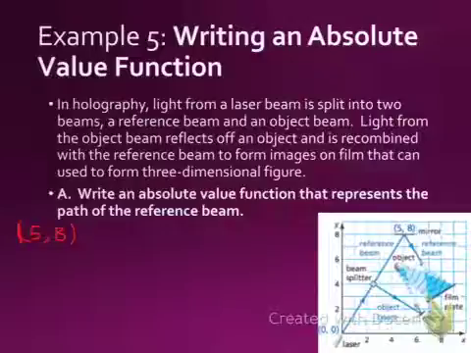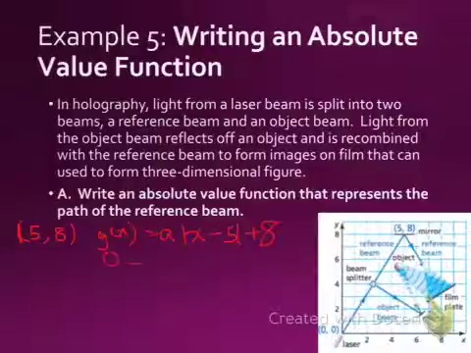So the function has the form g of x equals a times the absolute value of x minus 5 plus 8. This is just plugging them into that formula we had. We're just going to substitute the coordinates of the point (0, 0) into the equation. That way we can figure out what our a is. Because if you notice, we can see that (0, 0) is in that equation.